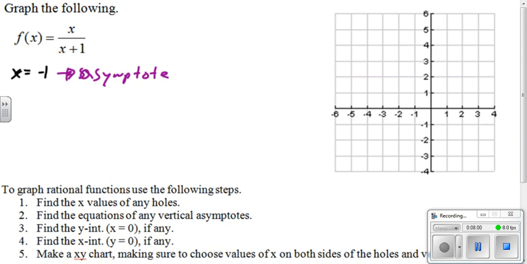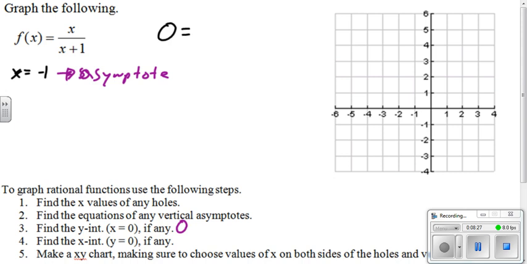Okay. Next thing to do is find our x and y intercepts. So the x-intercept, let's start with the y-intercept, is where x equals 0. So 0 over 0 plus 1 equals 0 over 1 equals 0. So our y-intercept is just 0. Then to find our x-intercept, it would be where y is 0.